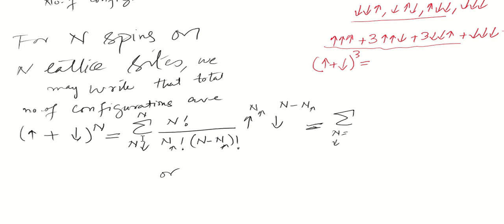So n factorial, n up factorial, n down factorial. Remember these subscripts: one is n up, one is n down, and here we have spin n up, down, and down.